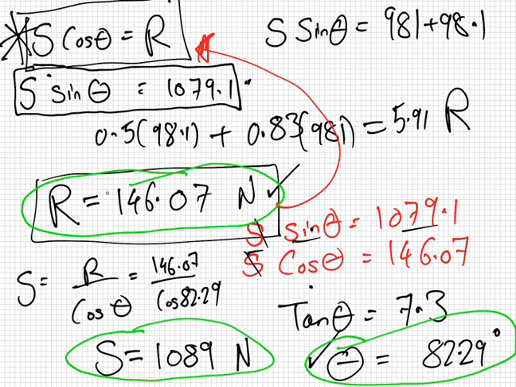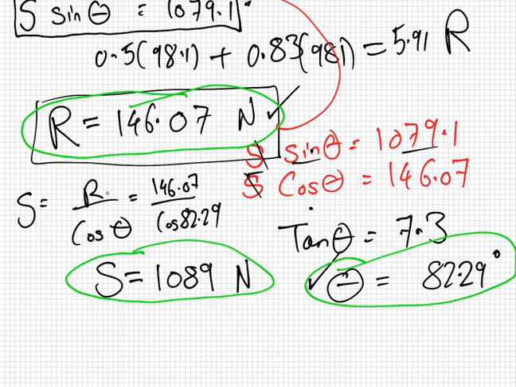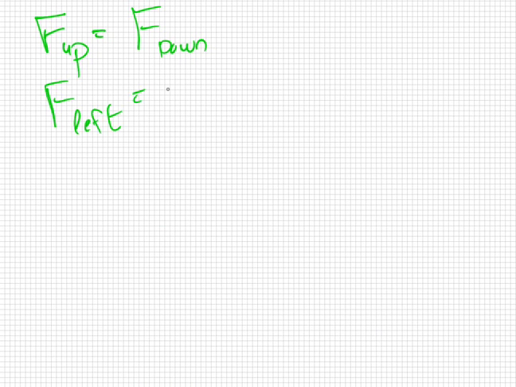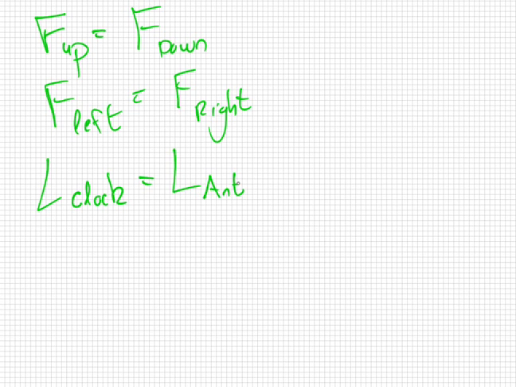Okay, so I know these are quite long, but there's just a few simple ideas that we're using. So the ideas are that the up force equals the down force, the force to the left equals the force to the right, and the turning force going clockwise equals the turning force going anti-clockwise.